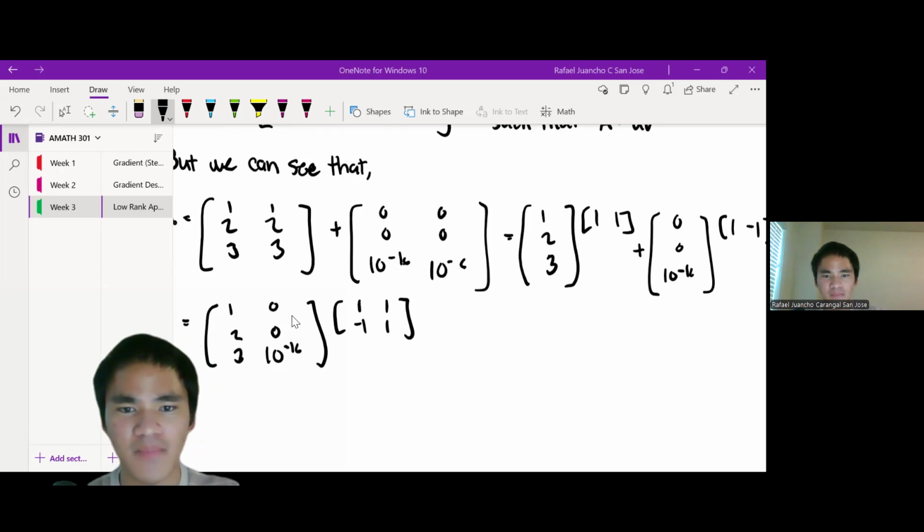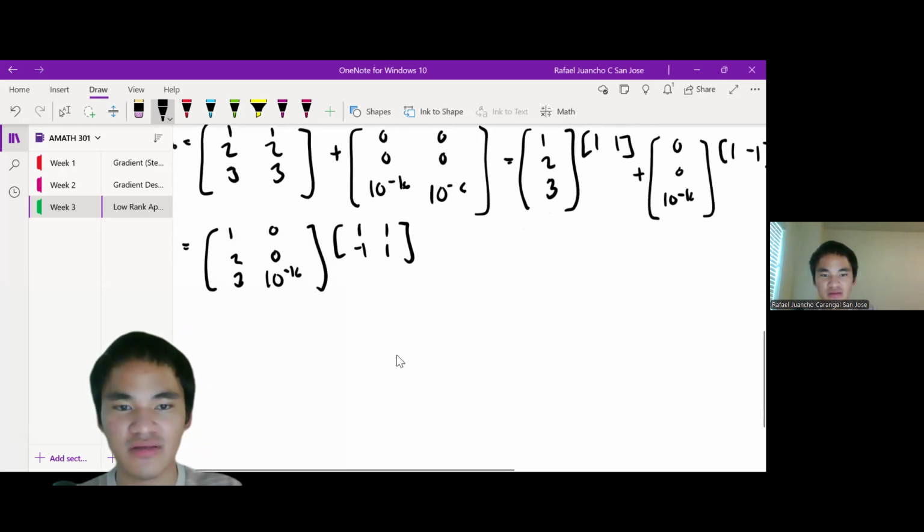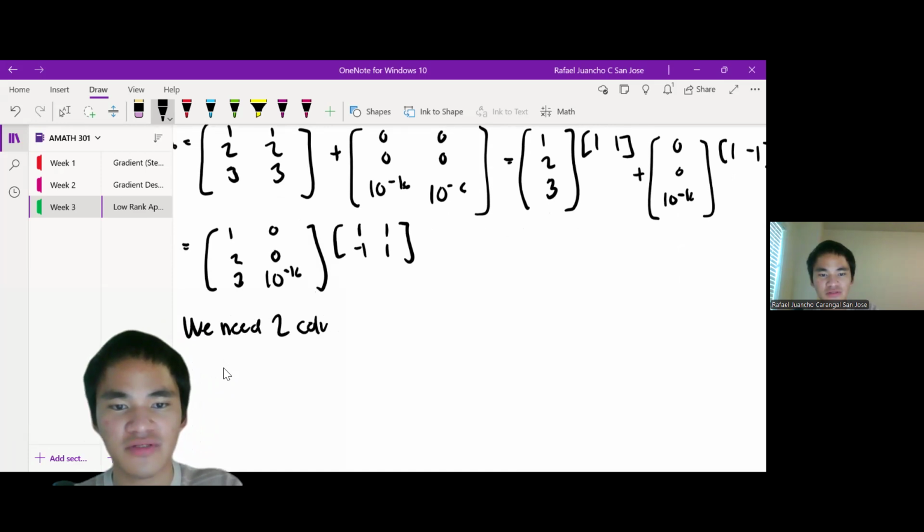And so what am I saying here? Well, what do we see actually? Here we see that we need 2 column vectors.